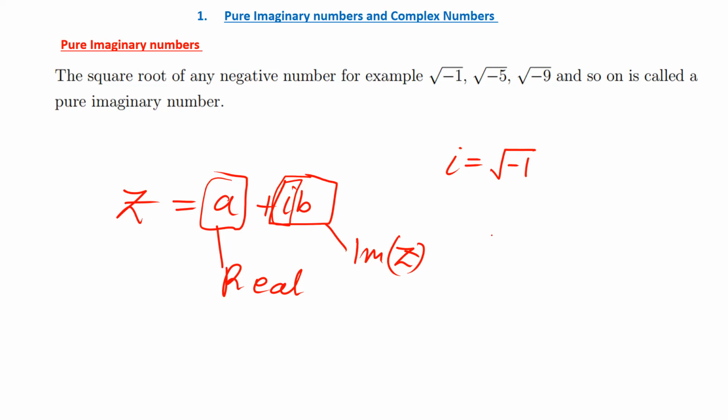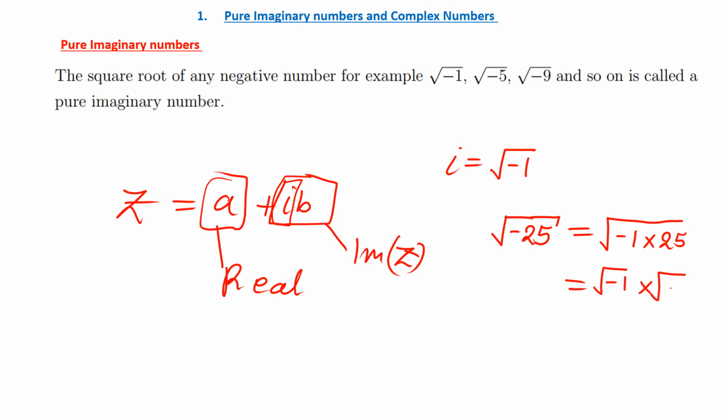For instance, in the example I gave, the square root of -25 can also be written as the square root of -1 times 25. This can be simplified further. We can write this as the square root of -1 times the square root of 25. But remember what we said?